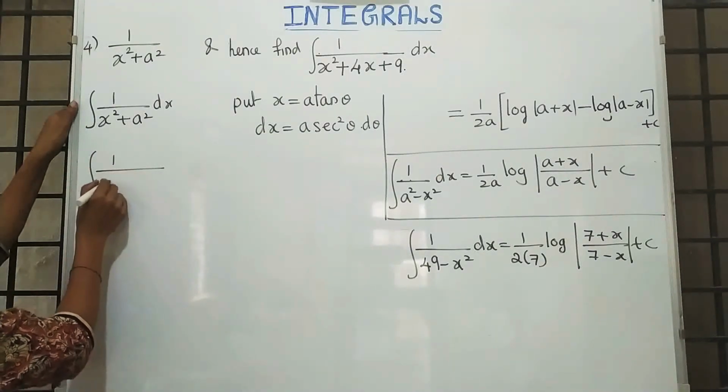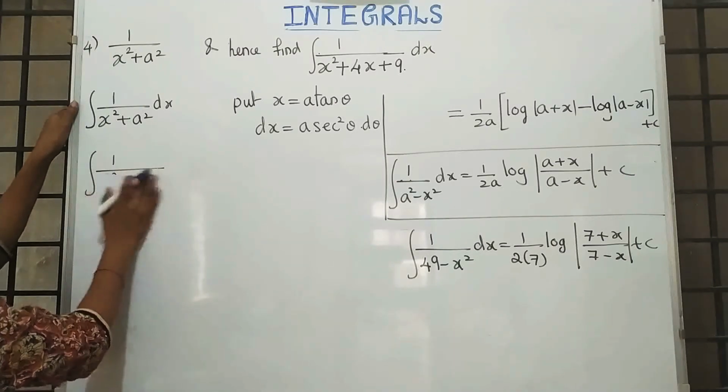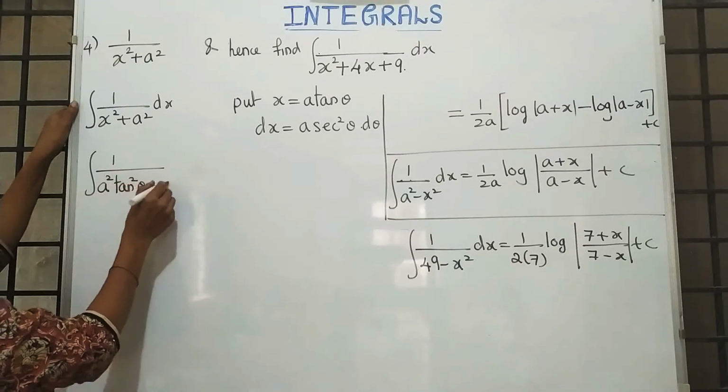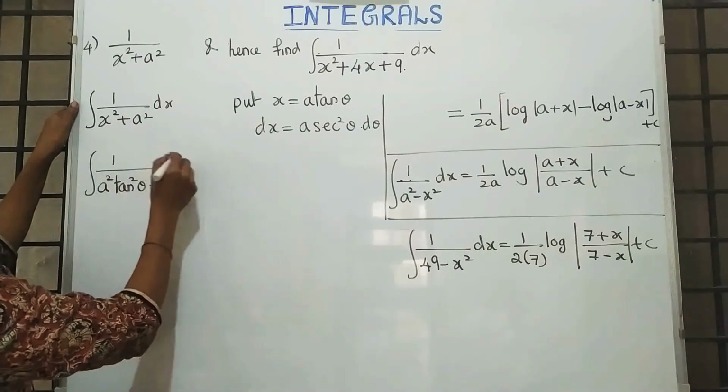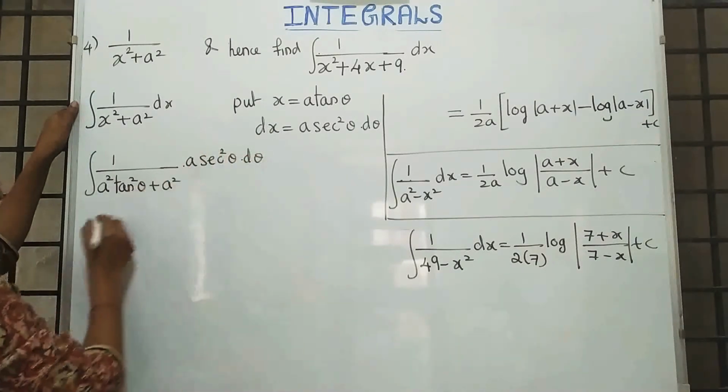1 upon x square plus a square: in place of x, a square tan square theta plus a square, and dx is a secant square theta into d theta.